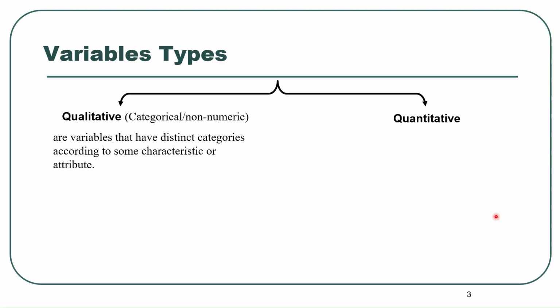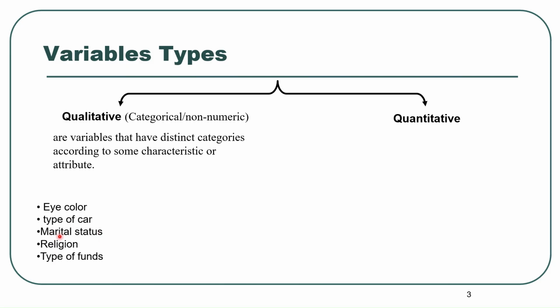The differences between the possible values for each one of these variables is just the difference in color. For eyes, green versus blue versus maybe black or brown. For hair, black, yellow, red, and so on. And other types of that variable could be also types of car, Toyota, Ford, Honda, and so on.